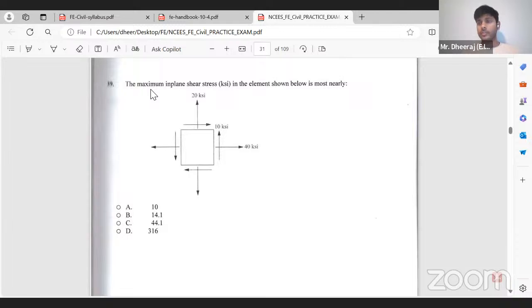When you have a question which you have not studied in your preparation, you can simply use the Control F button and try this term, shear stress. It will directly go to that concept or the page where it is. There you will have a formula, and you can directly plug in the values and get the answer.